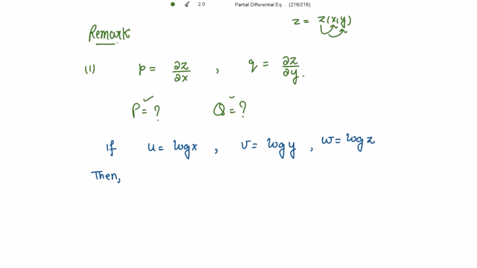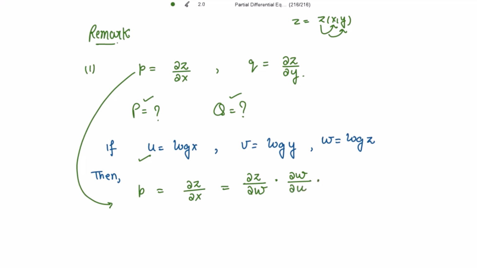What are capital P and capital Q? If we take u equal to log x, v equal to log y and w equal to log z, then this small p, which is the partial derivative of z with respect to x, can be further written, if I apply the chain rule, as the partial derivative of z with respect to w, then the partial derivative of w with respect to u, and then the partial derivative of u with respect to x.